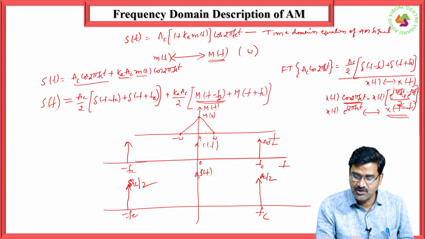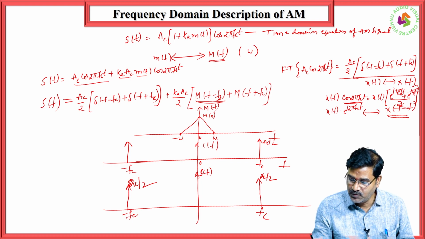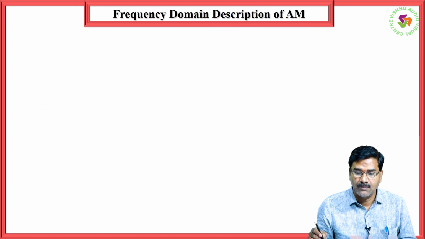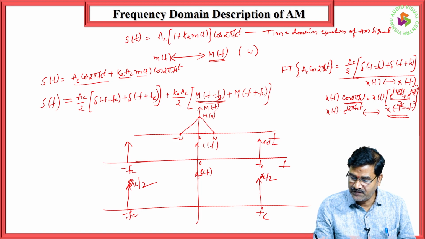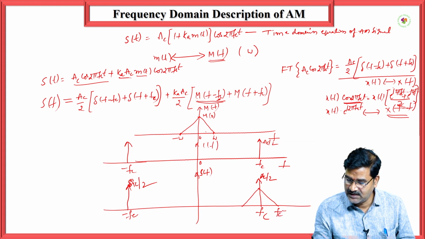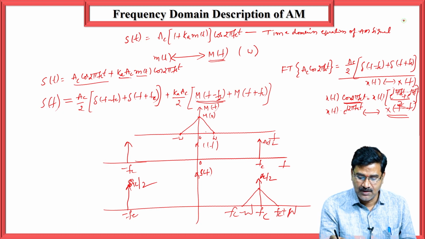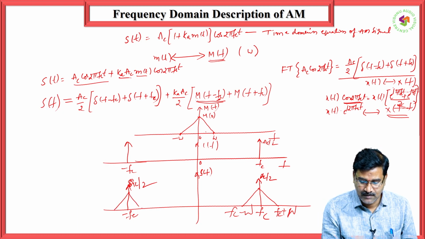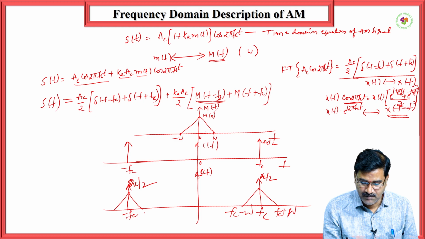Whatever is there, 0 will be shifted to fc, W will be shifted to fc plus W. So like this will be the shift. So here you will get fc plus W. Here you will get fc minus W, the same component I am writing. Similarly here, this is minus fc plus W, this is minus fc minus W.